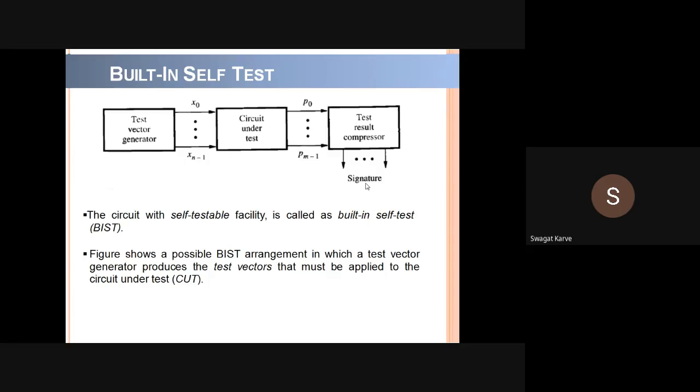These are all very expensive techniques. So we have to adopt some automation and automatic technology that can be used to check these kinds of chips, these kinds of VLSI circuits.